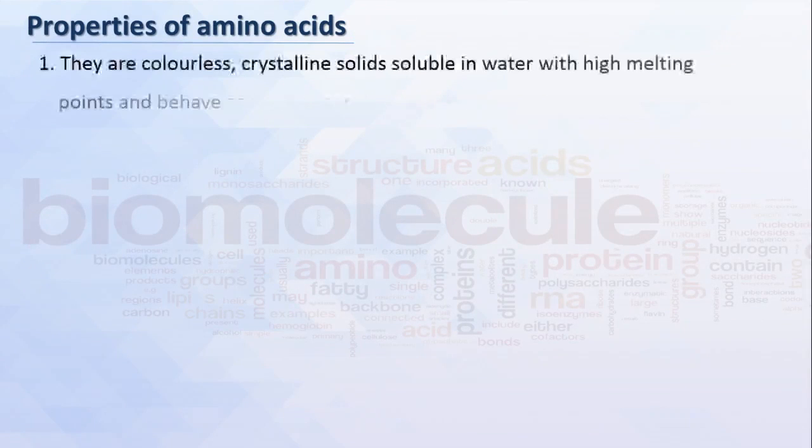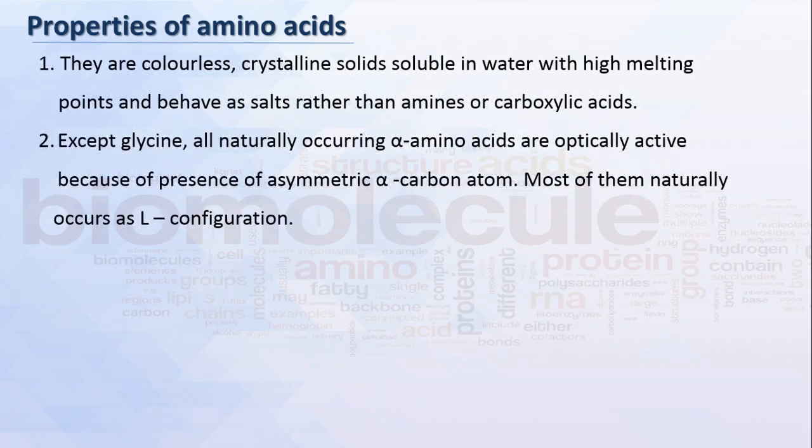Properties of amino acids. They are colorless crystalline solids soluble in water with high melting points and behave as salts rather than amines or carboxylic acids. Except glycine, all naturally occurring alpha amino acids are optically active because of the presence of an asymmetric alpha carbon.